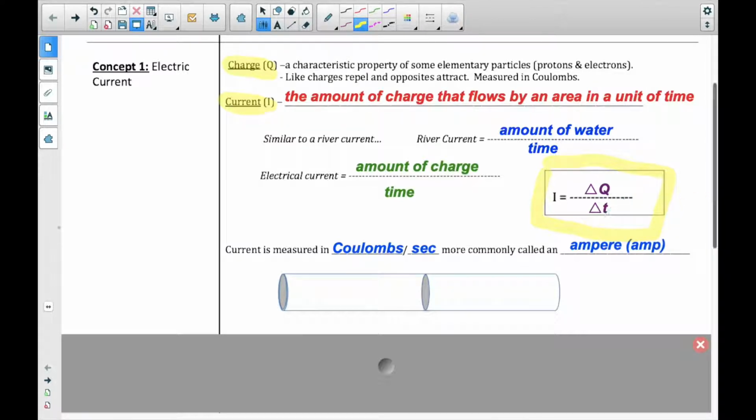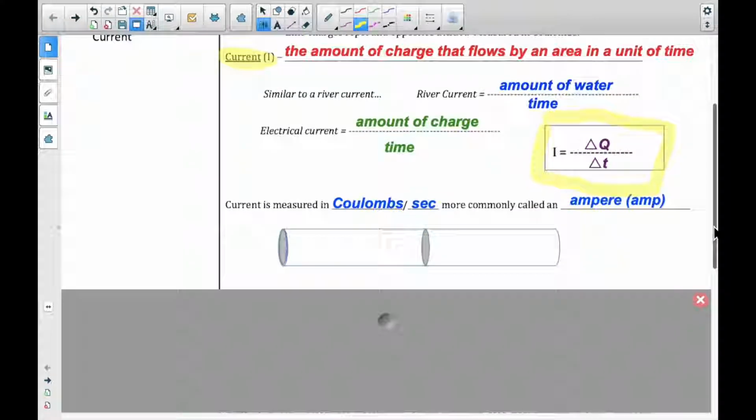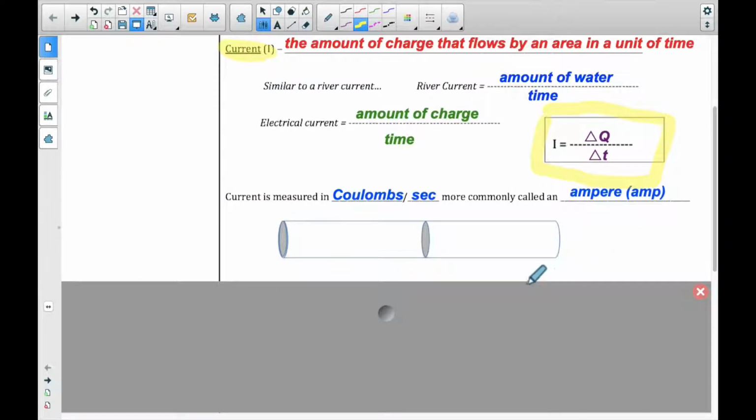And we'll be using that a little bit in our discussion of current. Current is measured in coulombs per second, also called amps. If you are familiar at all with any kind of electricity, you've probably heard of amps. What amps are measuring is how much current there is, how many coulombs per second.